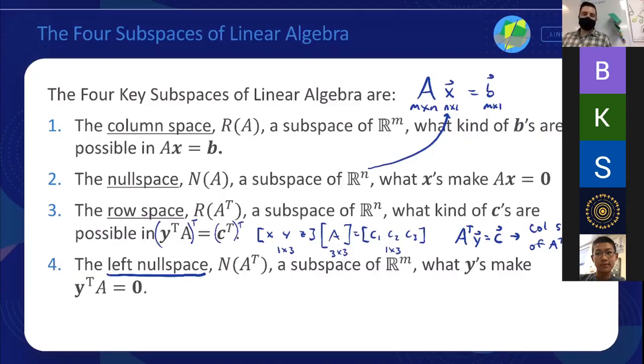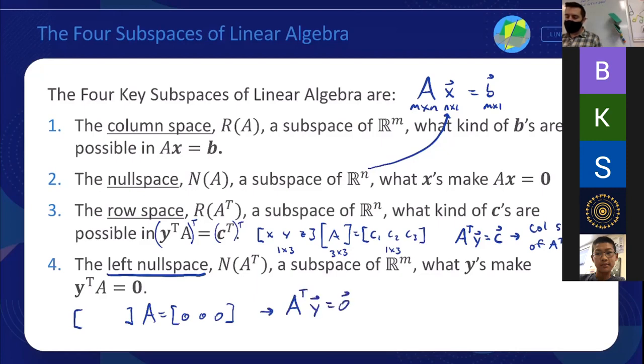And then the left null space is the same idea. This time I'm multiplying from the left, a row vector times A, to see what will give me a row of zeros. And doing the same thing, this is Aᵀy = 0.